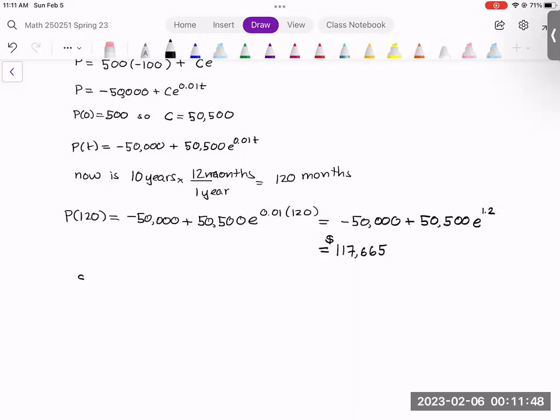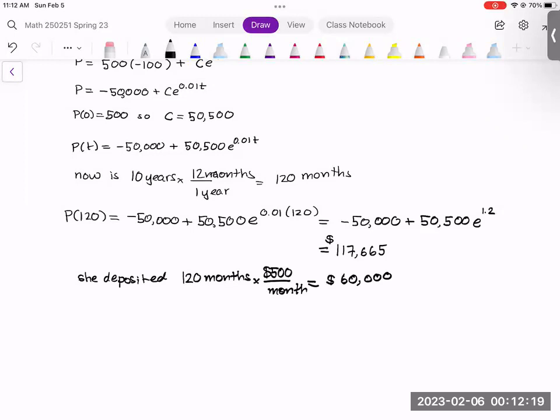So she deposited 120 months worth of $500 per month, which comes to a grand total of $60,000.